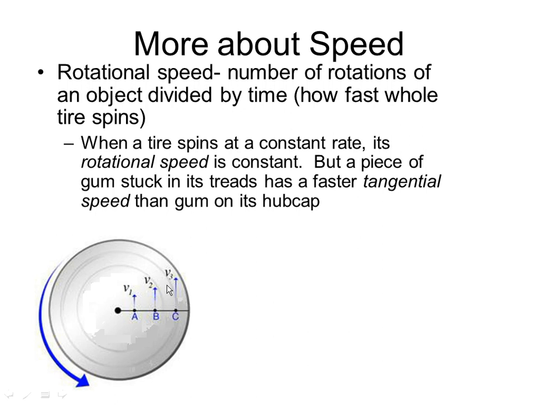And certainly small relative to this guy. Now, if they all travel around in the same time, but the circumference is larger for point C, what can I say about tangential velocity for point C? It's greater. It's the greatest of all, right? Yes, good.